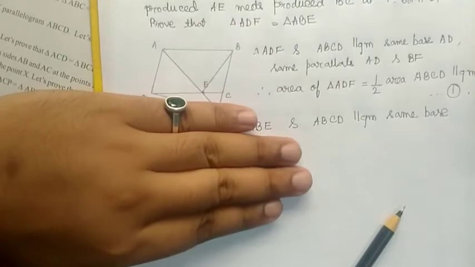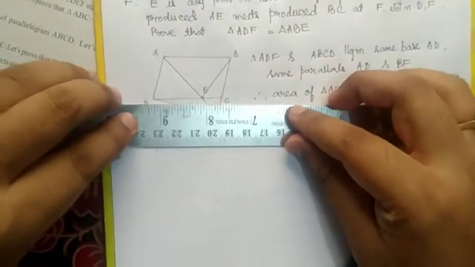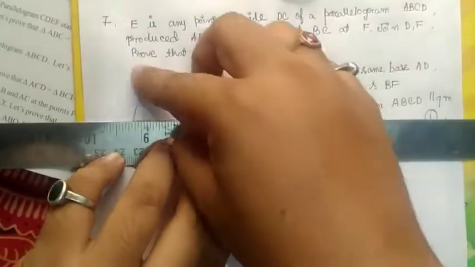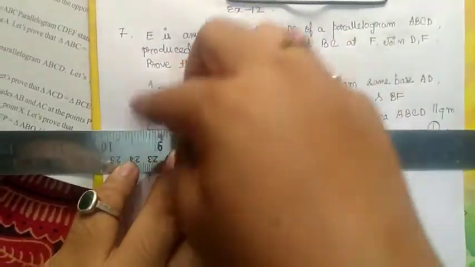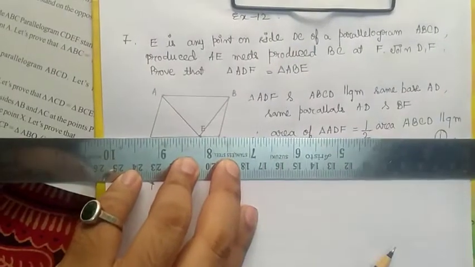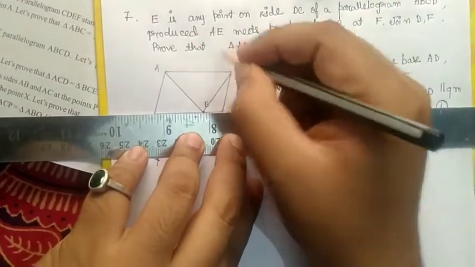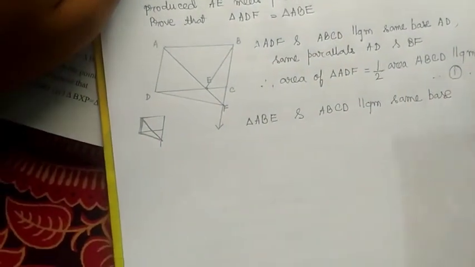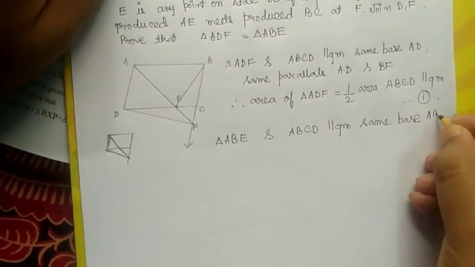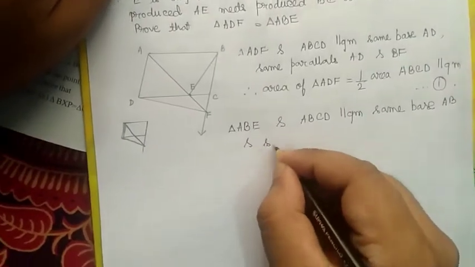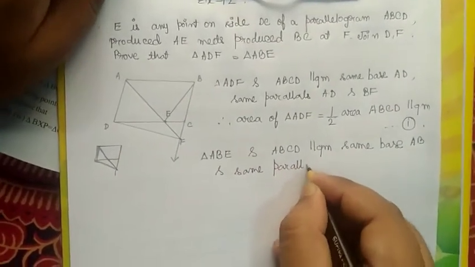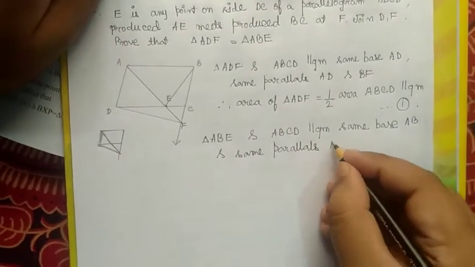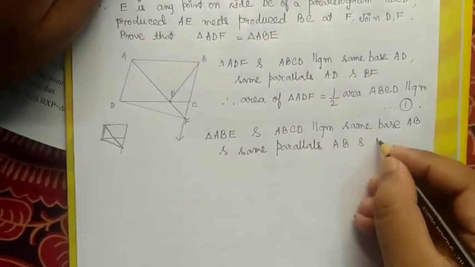If the diagram is like this, this is the triangle ABE and this is ABCD parallelogram, both are on the same base AB and the same parallels AB and CD, AB and DC.